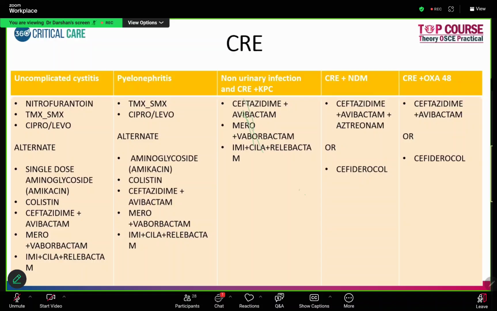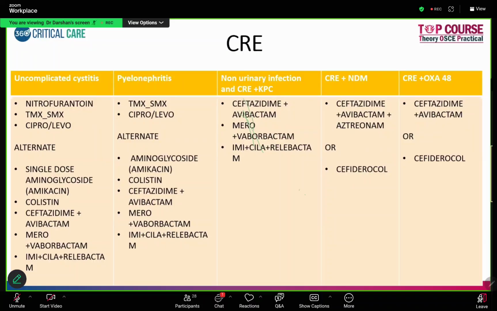Even in pyelonephritis, similar to uncomplicated cystitis, you can use the same regimen. Only when you feel that this patient has non-urinary CRE, especially with KPC, you have to think about using Zavicefta, that is ceftazidime-avibactam, or meropenem-avibactam.